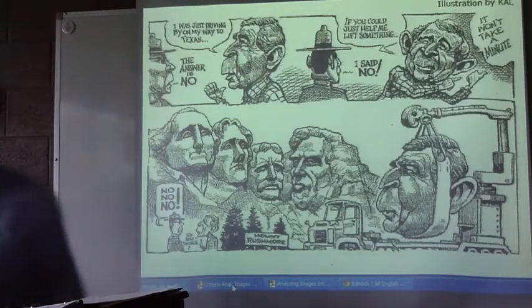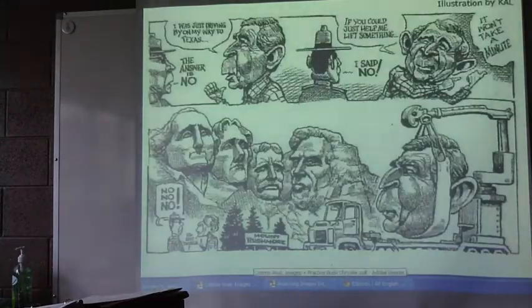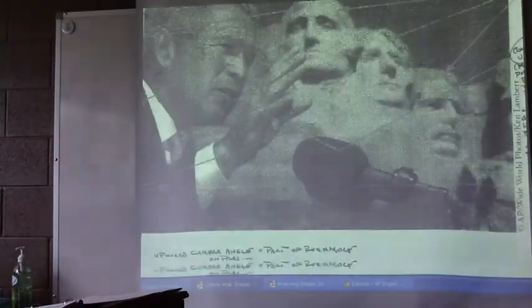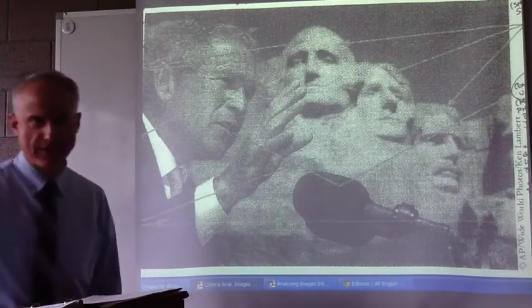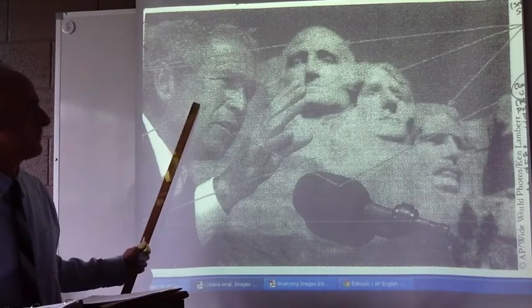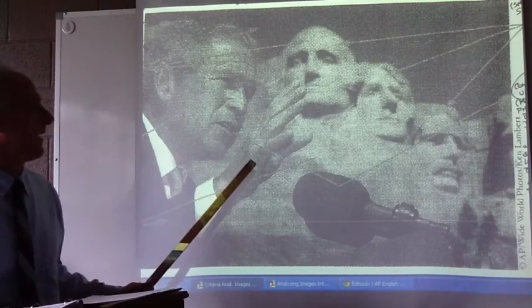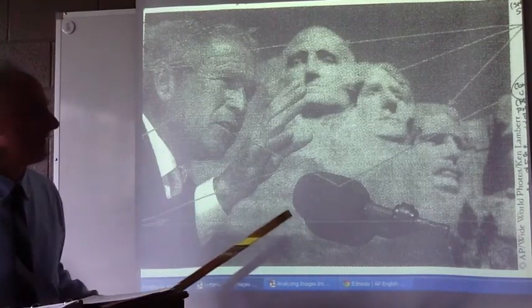Let's look at this argument that's inherent in this next visual. It might be a little difficult for you to see, but what we have here is George W. Bush, when he was president, supposedly addressing a crowd, speaking.